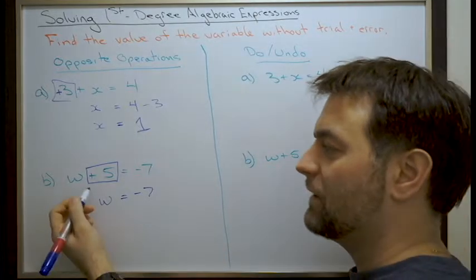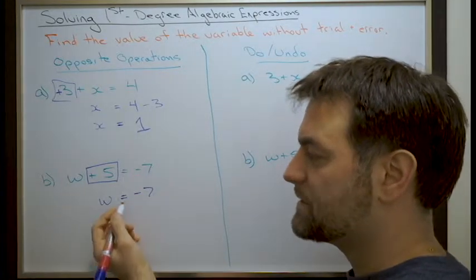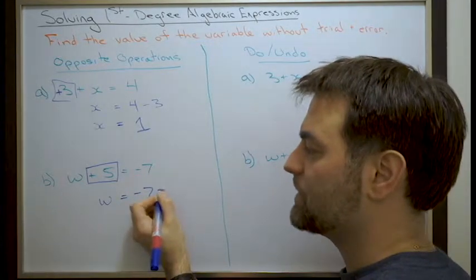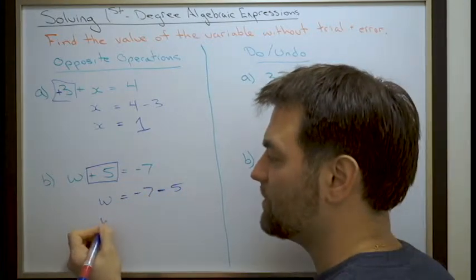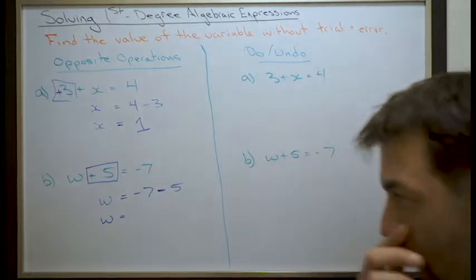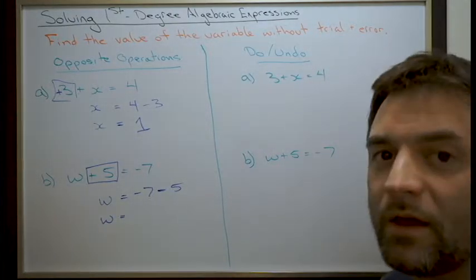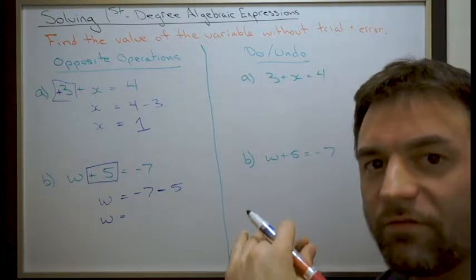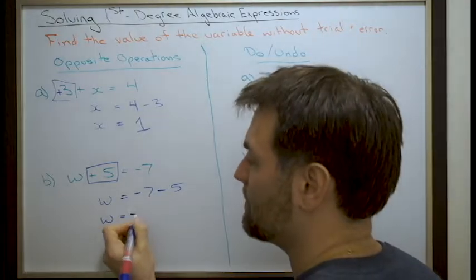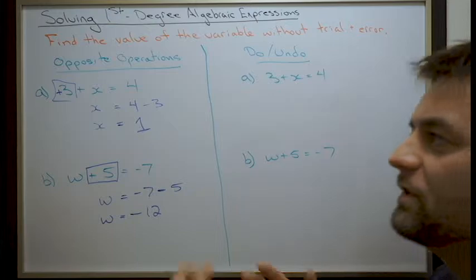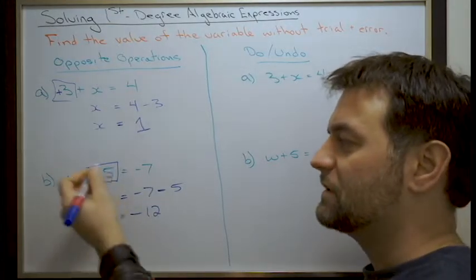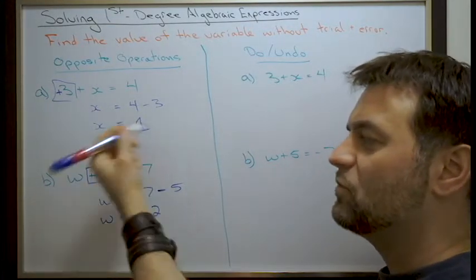And now plus 5, when it moves to the opposite side, it does the opposite operation. The opposite of adding is subtracting. So I have w equals negative 7 minus 5. And so it's minus 7 out, it's getting 5 degrees colder, and it's going to be minus 12 out.